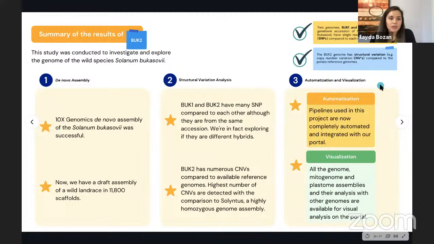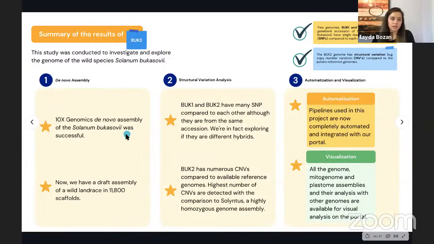And if we look at what we found from bukasovii 2, we checked both of the objectives, and both of the hypotheses, I'm sorry. There are SNPs when bukasovii 1 and bukasovii 2 are compared. And there's structural variation between bukasovii 2 and the other reference genomes available.